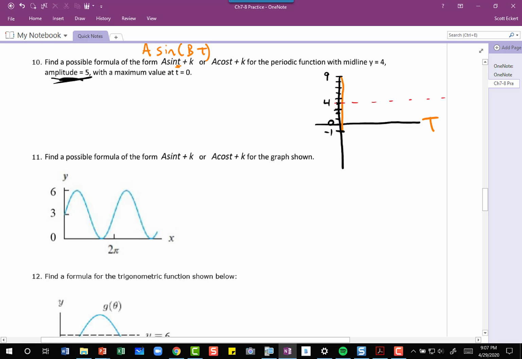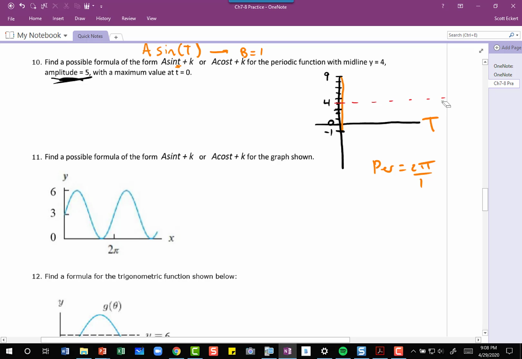So they're just using t only. And that means we can imply from that b equals 1. Okay, so that means the period 2 pi over b, which is 1, is a period of 2 pi.